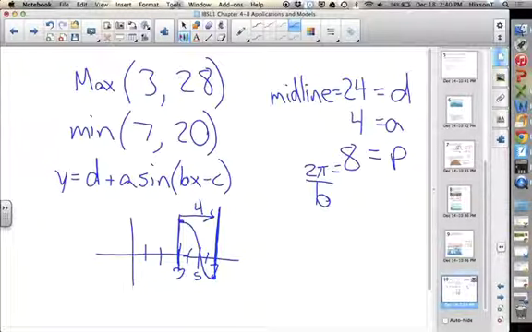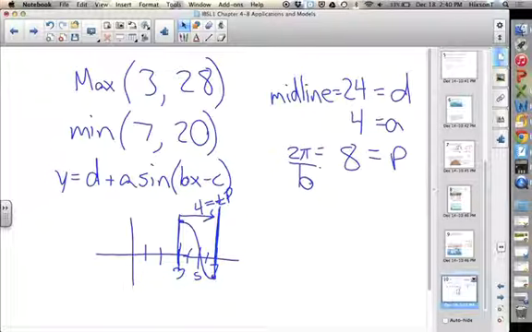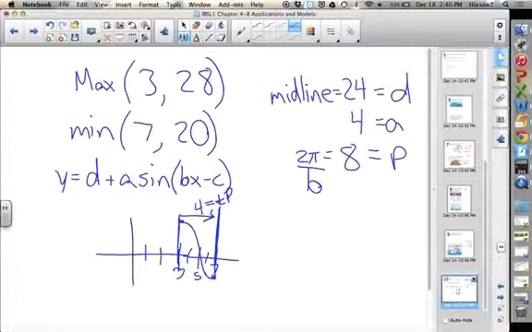From the max to the min is half the period. So the period would be 8. And then you can solve that to get B. B would equal 2 pi divided by 8, or pi over 4.